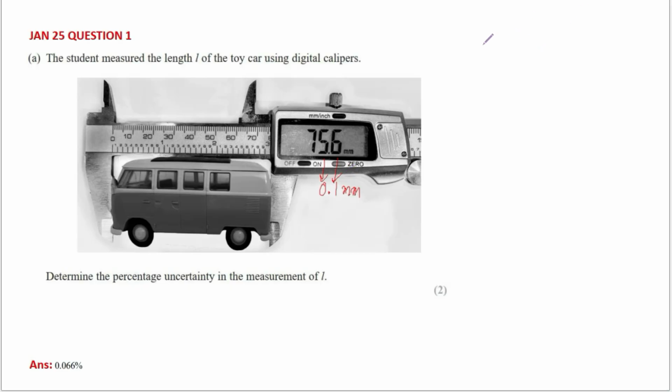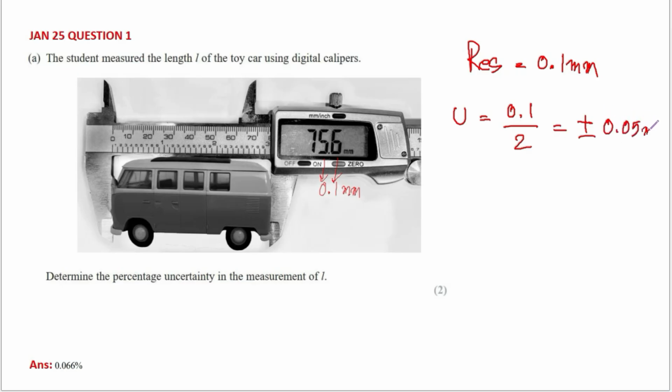Now, if the resolution is 0.1 millimeter, always remember for a single reading, uncertainty is resolution divided by 2. So 0.1 divided by 2 gives you 0.05. Generally we give a plus minus sign in front of the uncertainty value, 0.05, and the unit stays the same, millimeter. The question asks you to calculate the percentage uncertainty.